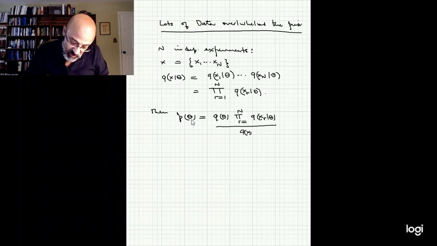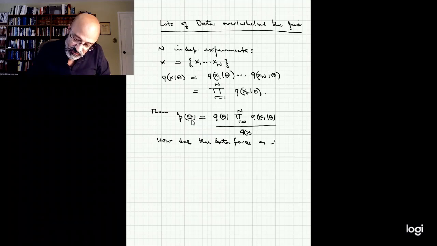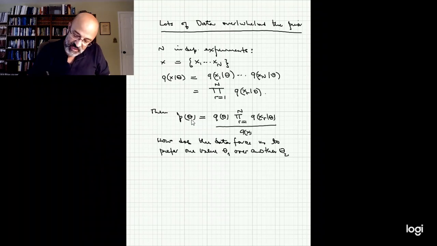So how does the data force us to prefer one value, say theta 1, over another, theta 2? And to do that, I'm going to consider the ratio of two of these guys.